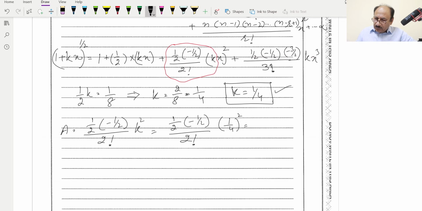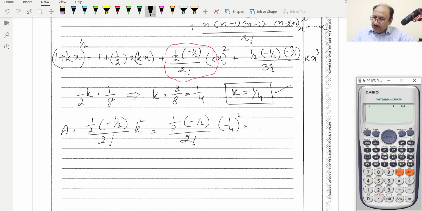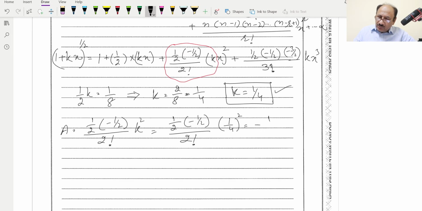If we solve this with the help of a calculator, it is equal to minus 1 over 128. This is the a value.